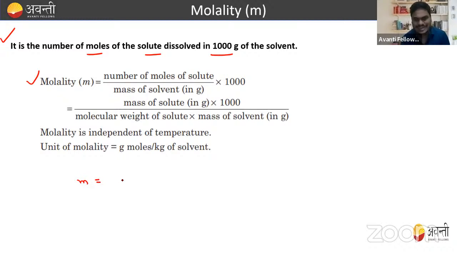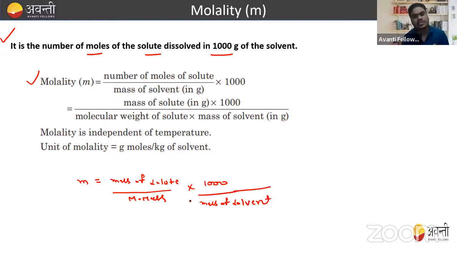We can derive the formula for molality just like molarity: mass of the solute divided by molar mass, multiplied by 1000, divided by the mass of the solvent. So this is how you can calculate the molality of the solution.